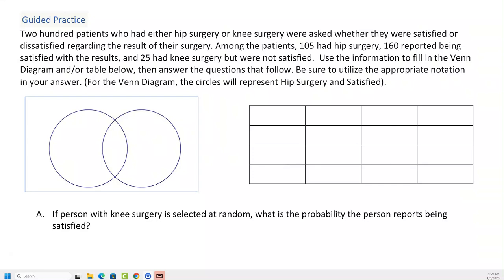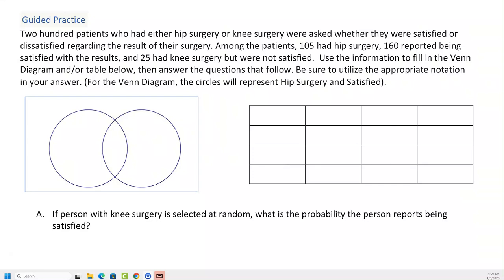Among the patients, 105 had hip surgery, 160 reported being satisfied with the results, 25 had knee surgery but were not satisfied. Use the information to fill in the Venn diagram and or table below, then answer the questions that follow. Be sure to utilize the appropriate notation in your answer. For the Venn diagram, the circles will represent hip surgery and satisfied.